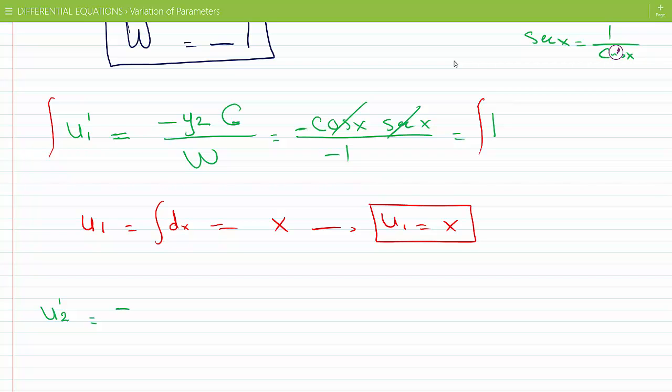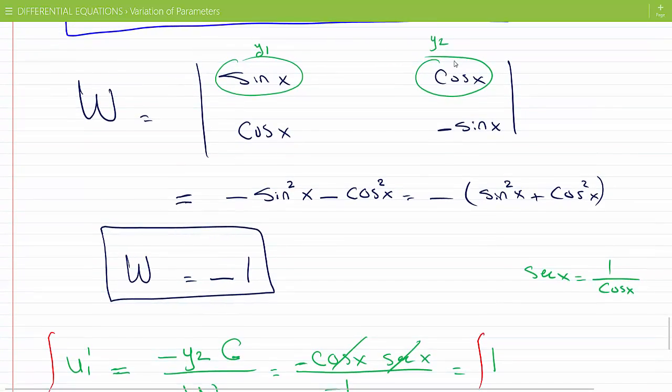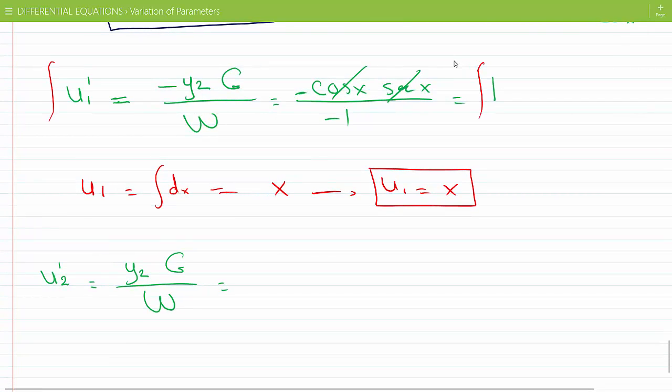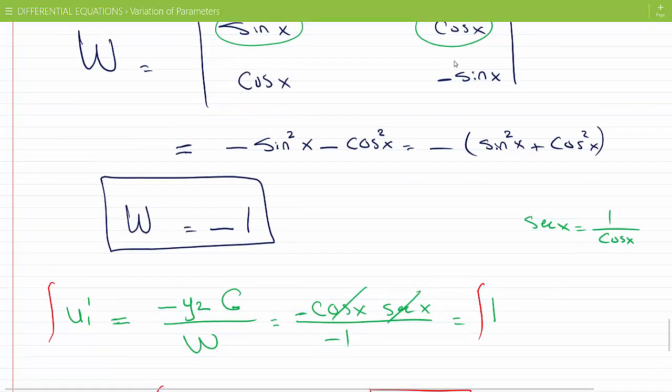U prime 2 is y2 times g over the Wronskian.